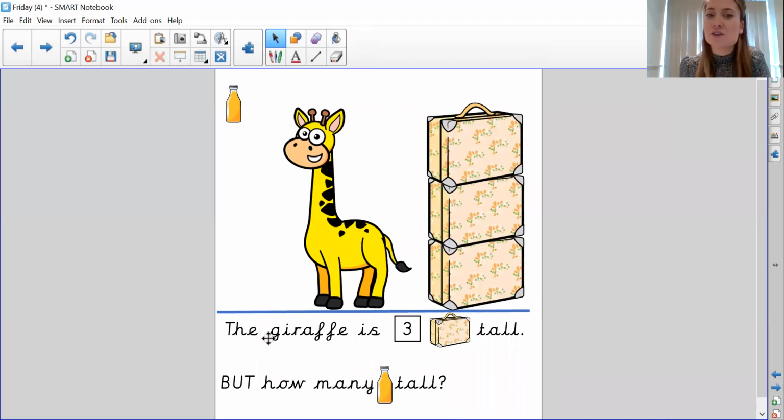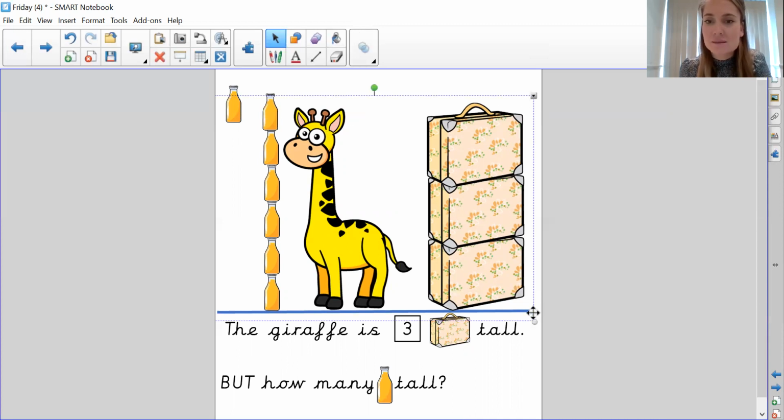Oh, gosh. So the giraffe is 3 suitcases tall, but how many bottles tall? Should we use our bottles to measure him? You ready? Let's start from the bottom. 1, don't count until I've let go. 2, 3, 4, 5, 6.